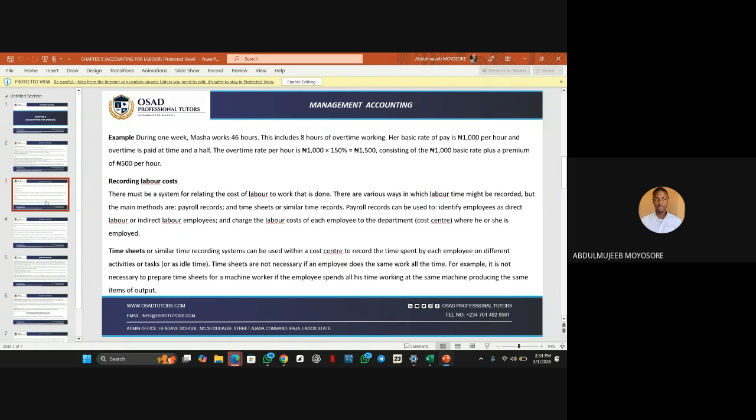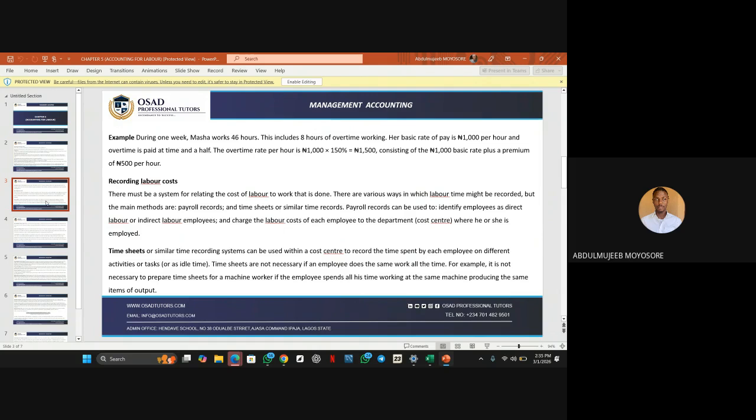Now, how many hours of overtime did she work? Overtime is 8 hours. Now, they said they pay overtime at hour plus half. So that's 150% of the normal 1,000.